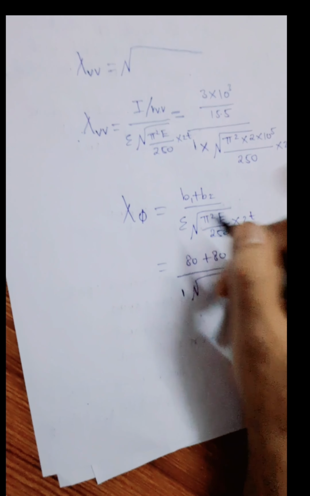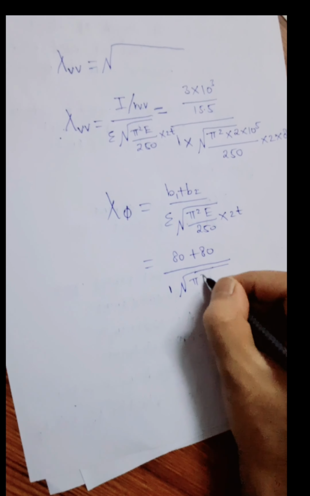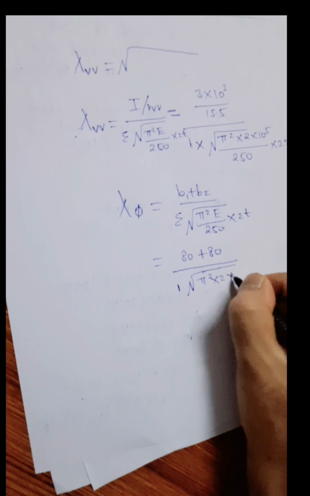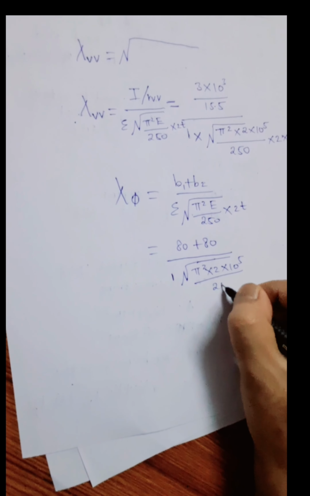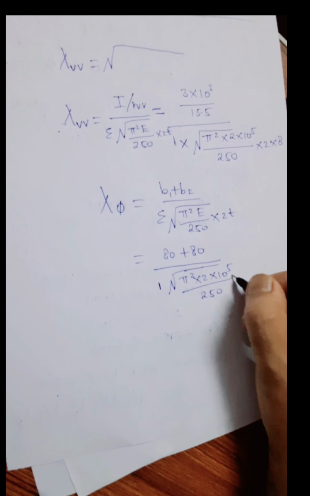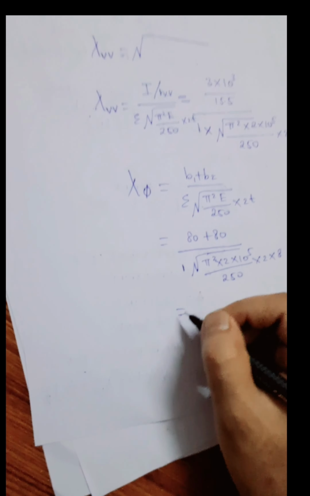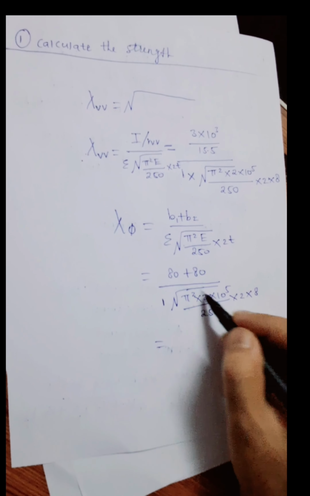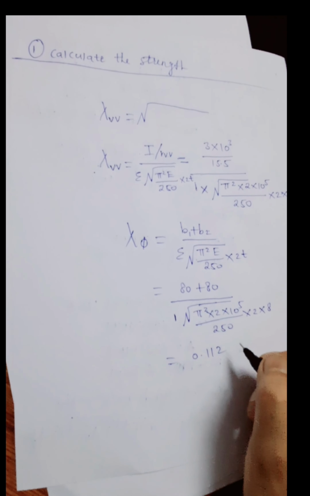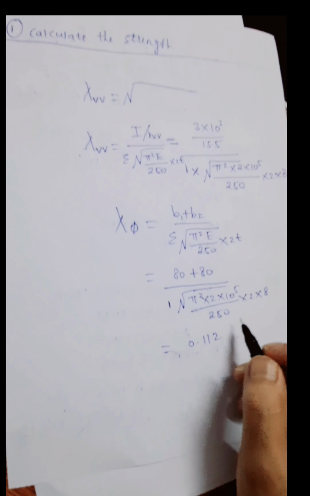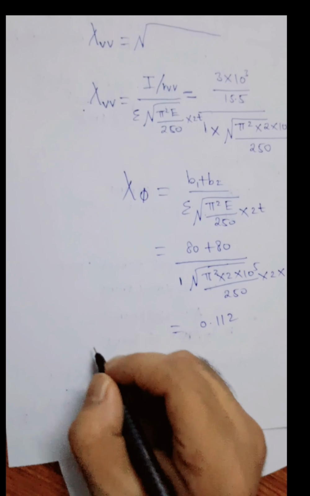Why 1? Because the epsilon value is 1. Again we have pi square into 2 into 10 power 5 divided by 250 into 2 into 8. The answer after dividing this will come out overall as 0.112.